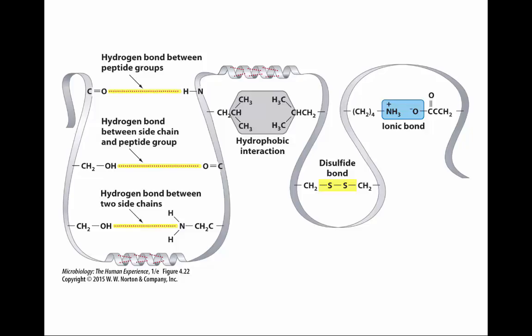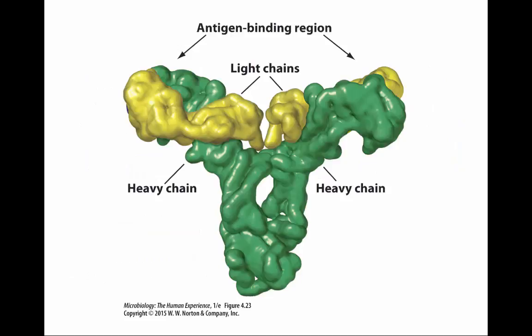So tertiary structure is where we really start to see this three-dimensional protein being developed. Some proteins stop at tertiary structure, so they simply use those R group interactions to create their final structure. Others, like this particular one, an antibody, use a fourth level of structure called quaternary structure.